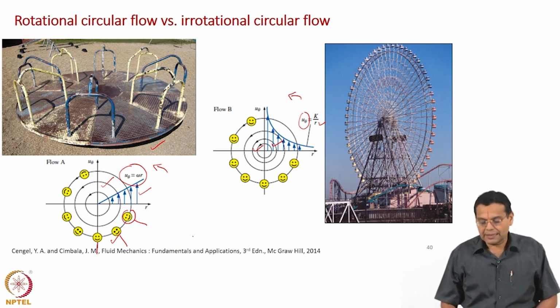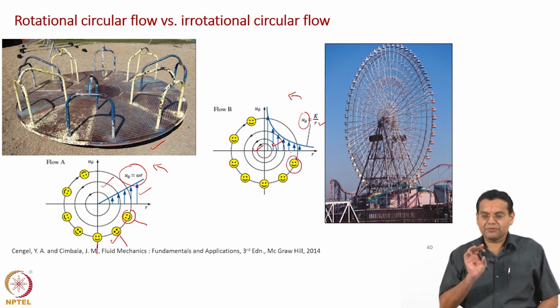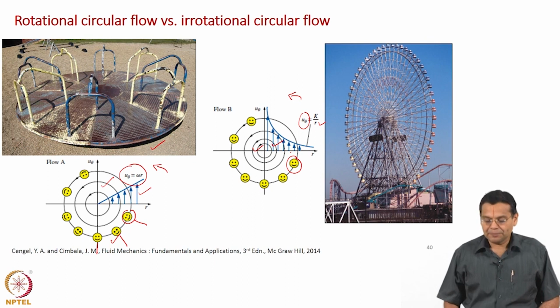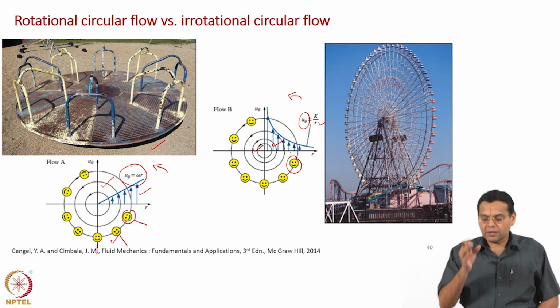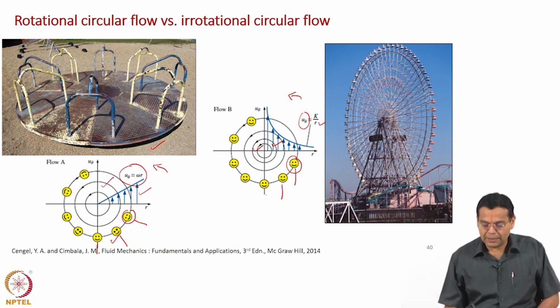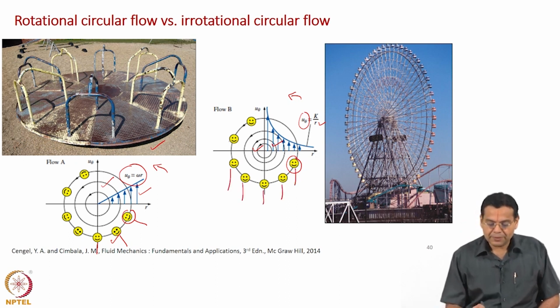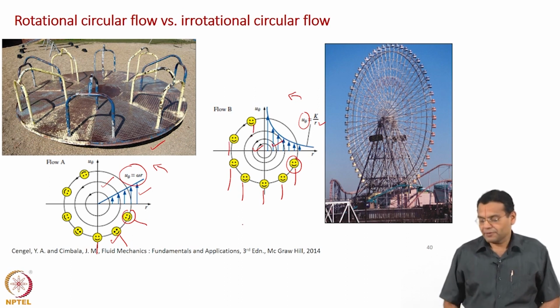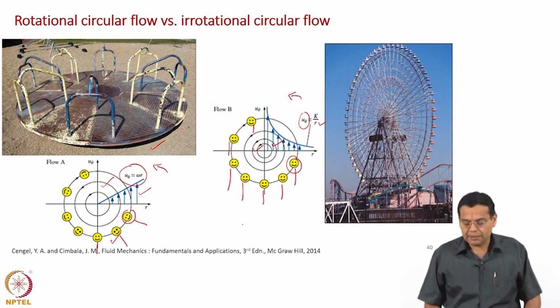Now let us look at the other example. In this case, if you identify a fluid element and take the front view, which is a physical example also, then what do you see? They always stay upright, they do not undergo any rotation. What is the physical example?